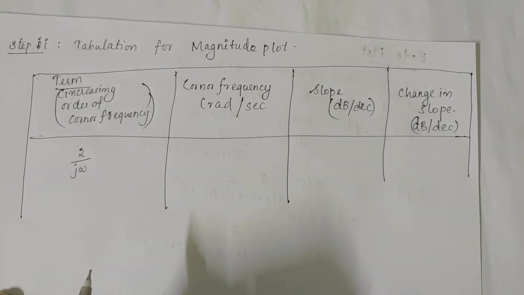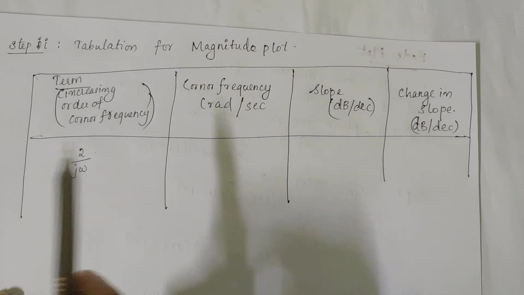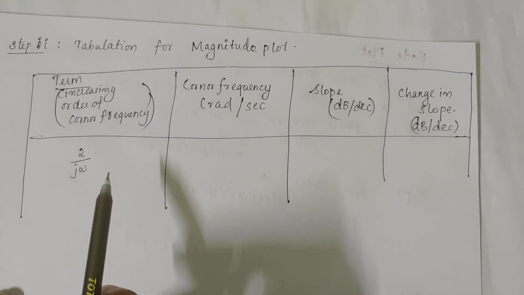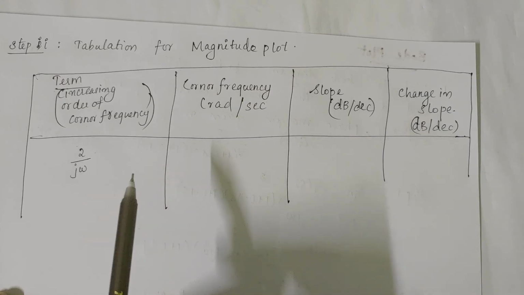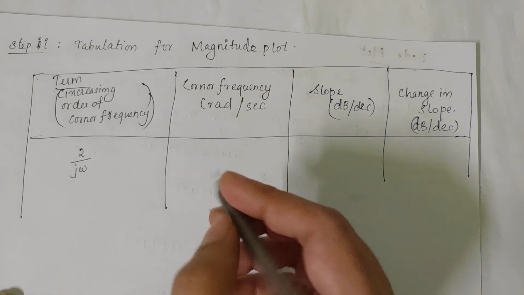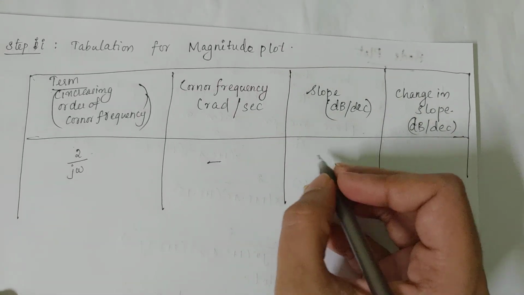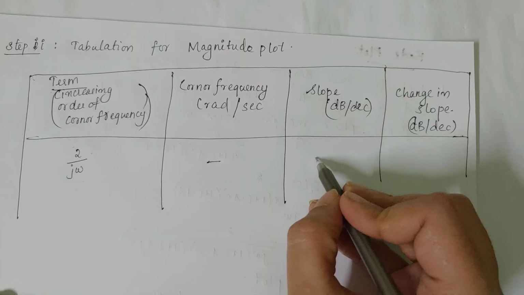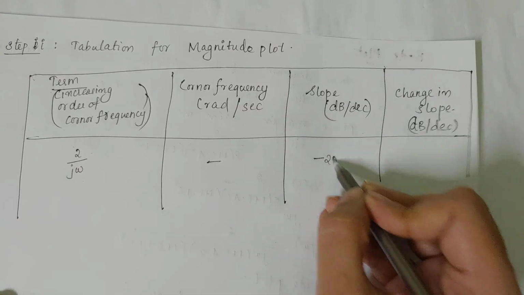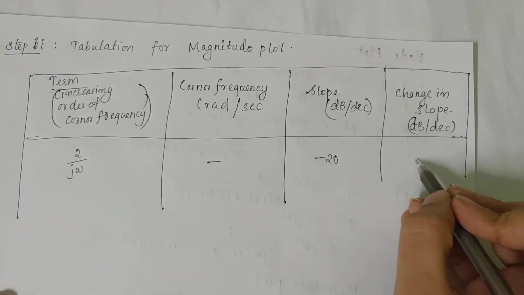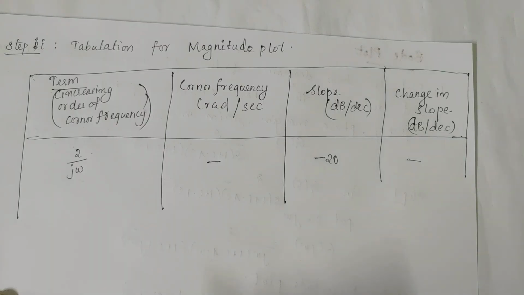If it is only a constant K, that is if it is only 2 by (1 plus sT1) into (1 plus sT2), then take 2 alone or K alone. For a constant the slope is 0 dB per decade. For 2 by j omega, it doesn't have any corner frequency and it has a slope of minus 20 dB per decade and there is no change in slope.